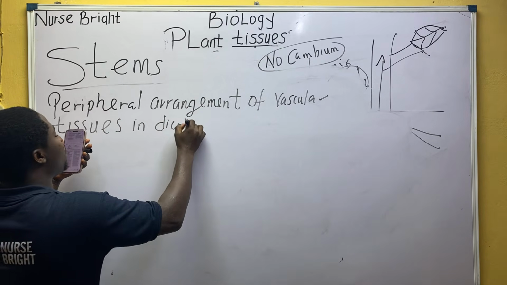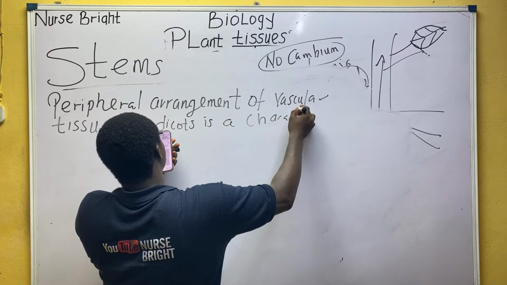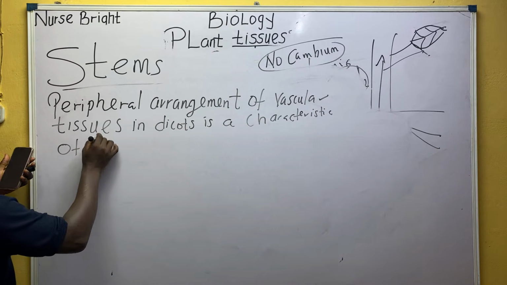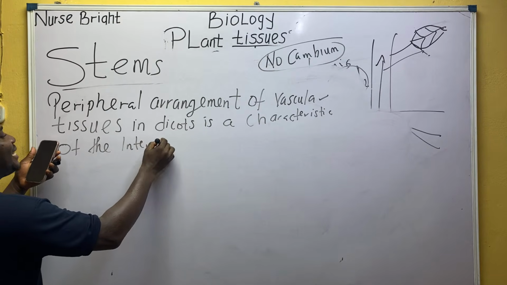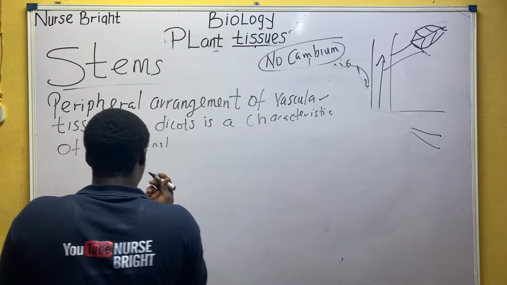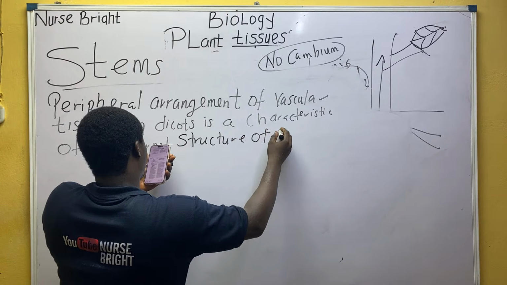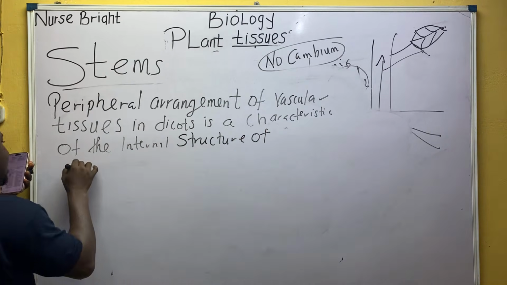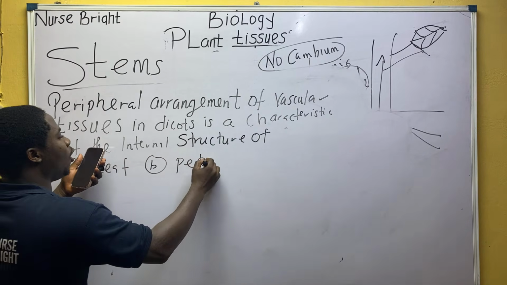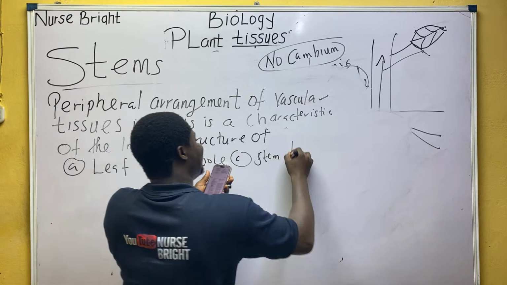In a dicot, it is a characteristic of the internal structure of: A, leaf; B, petiole; C, stem; and D, roots.